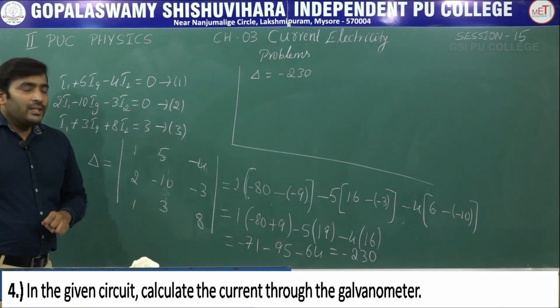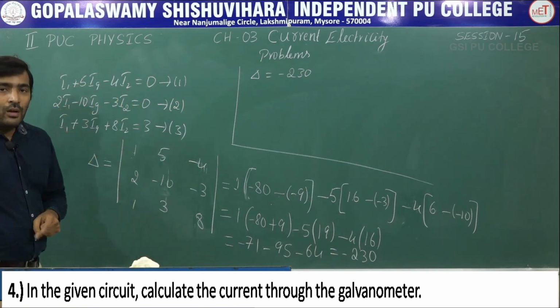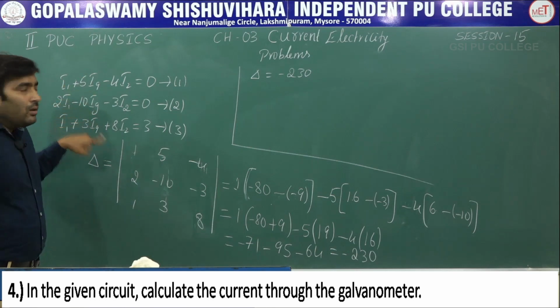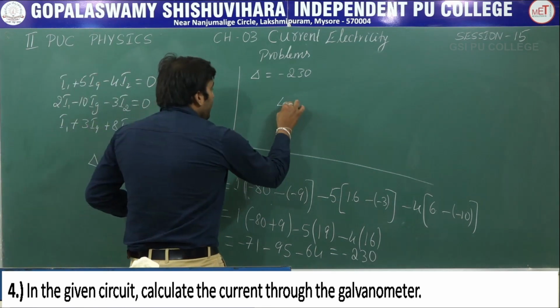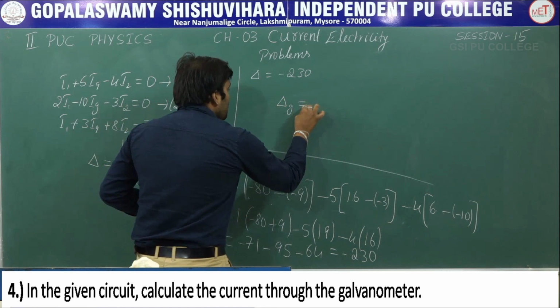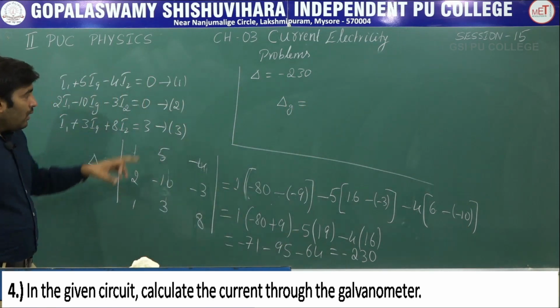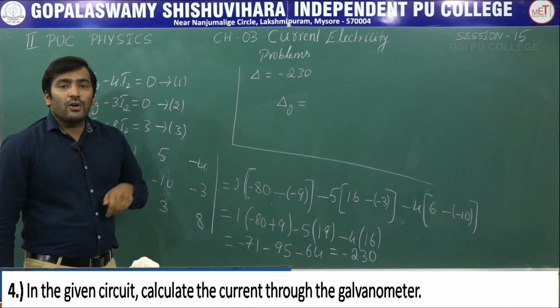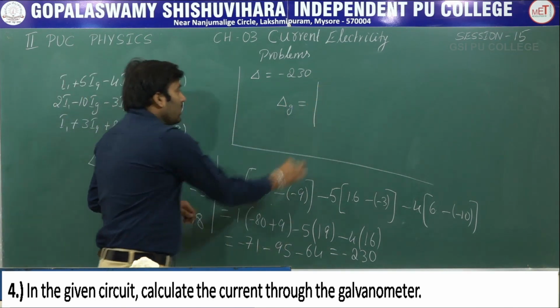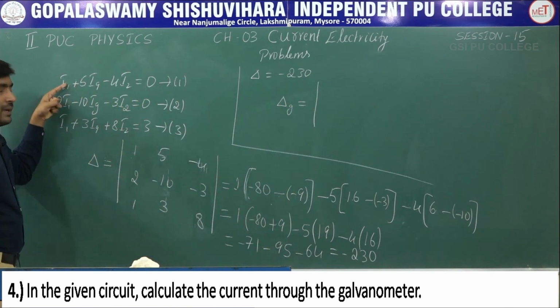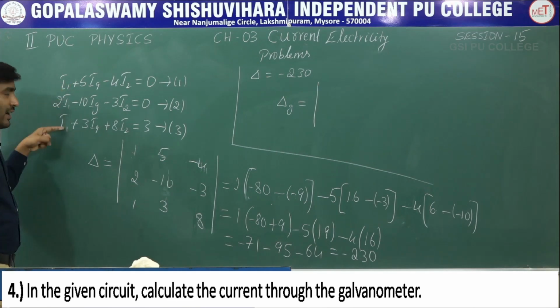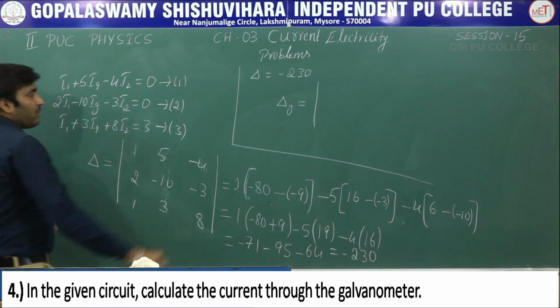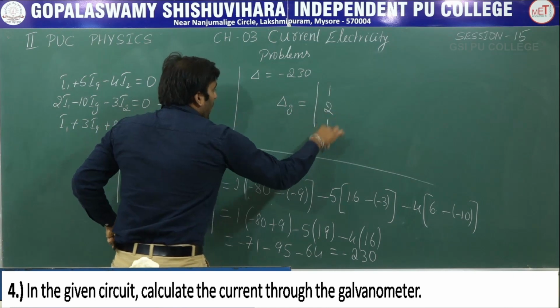Now we need to get the value of Ig. For this, let us write one more determinant by the name delta G. To find the value of delta G, how do we write the columns of the determinant? The first column should be the coefficients of I1, that is 1, 2, 1.